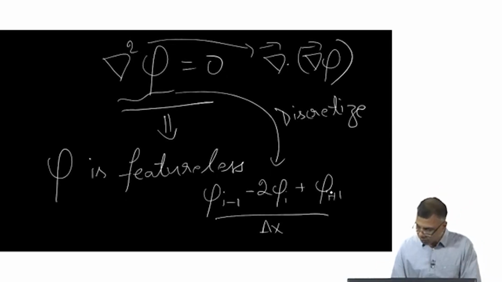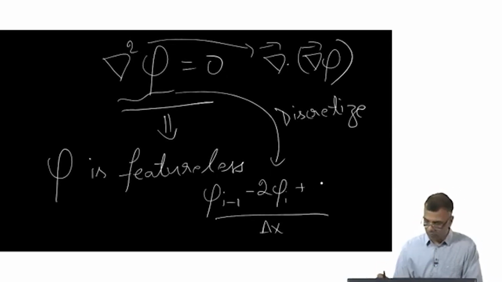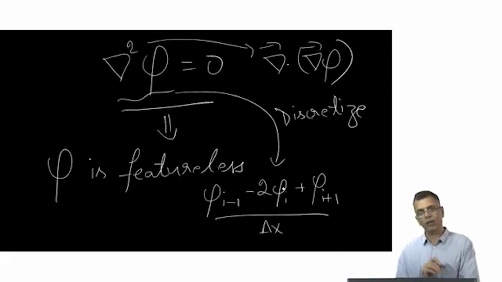You discretize a double derivative just in one dimension, and that's what this is.